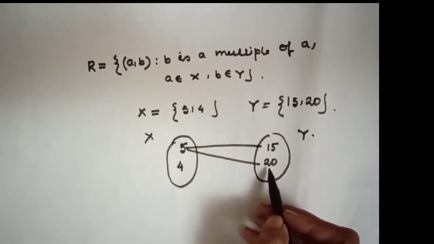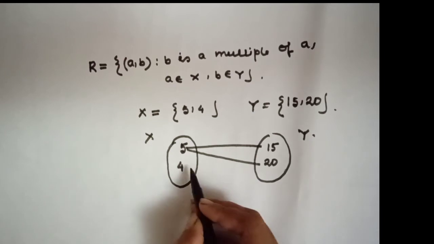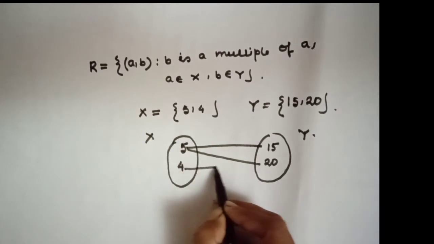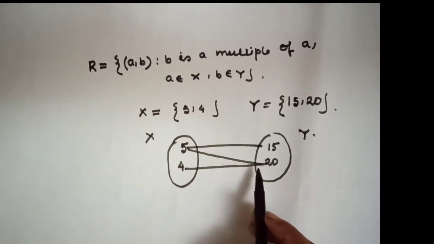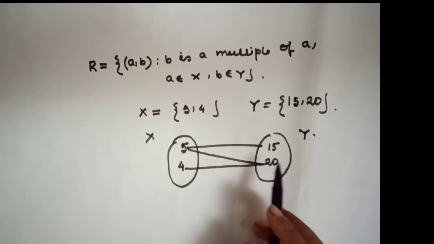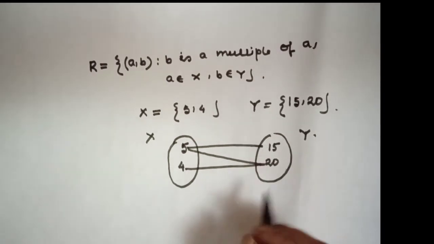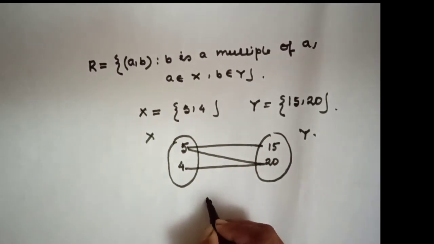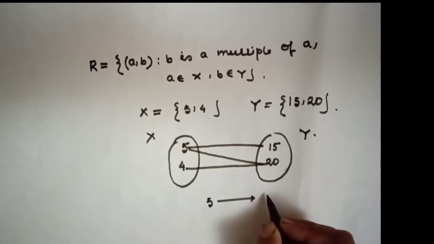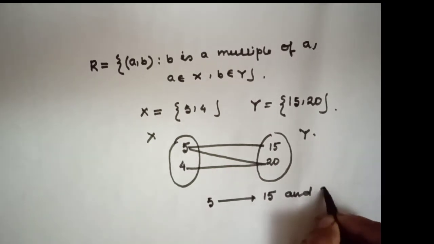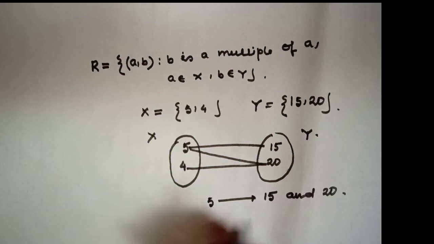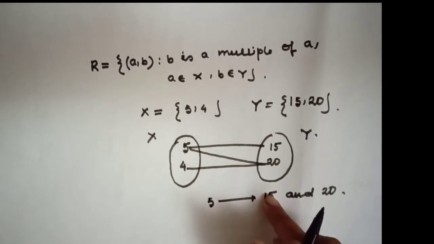Since 20 is a multiple of 4, that means 4 maps here. Does the relation qualify as a function? Look, the image of 5 maps to 15 and 20. Okay, have you understood?